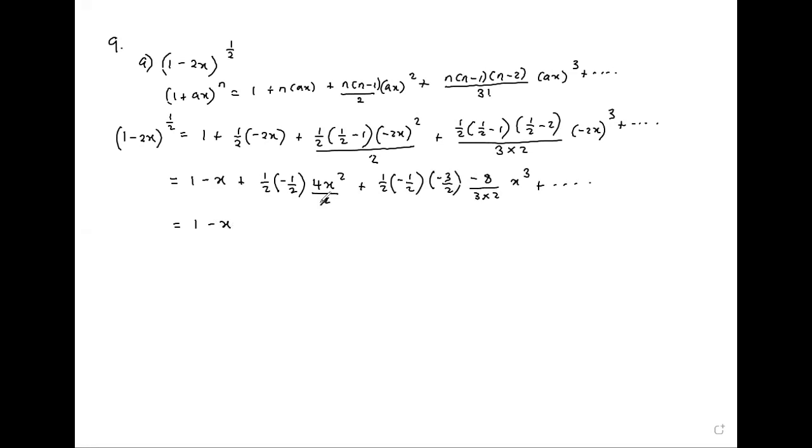Here we can leave this 2 and take away the 4, so that we get minus x squared over 2.